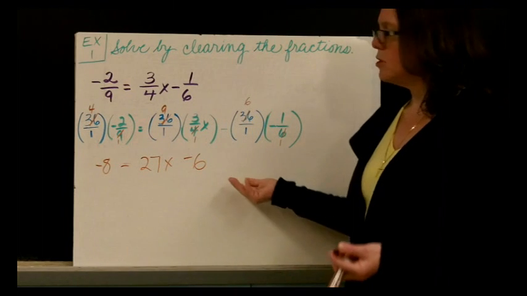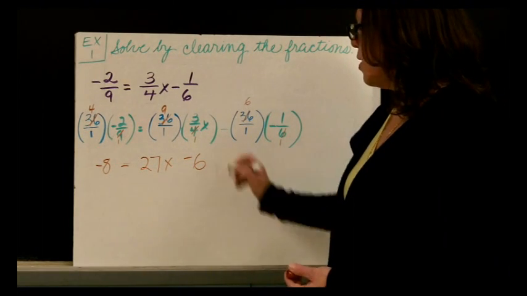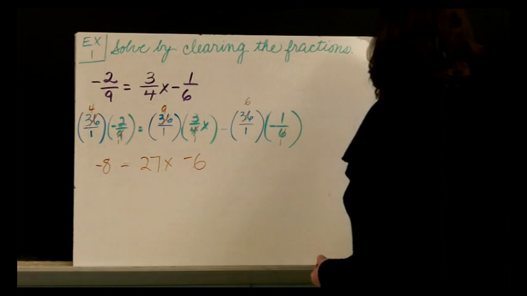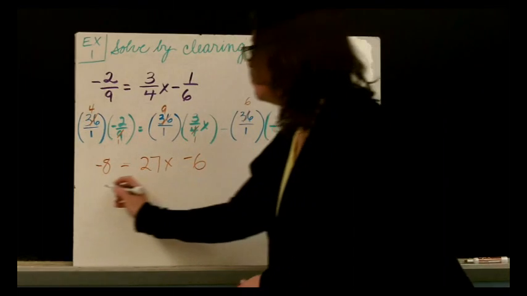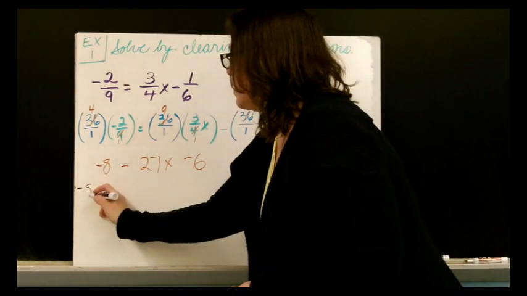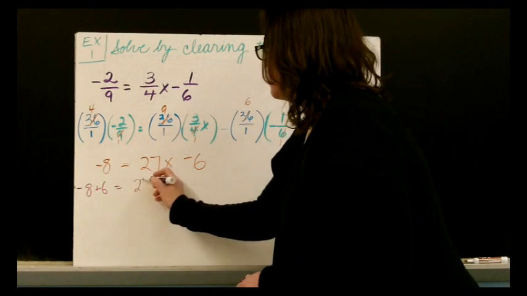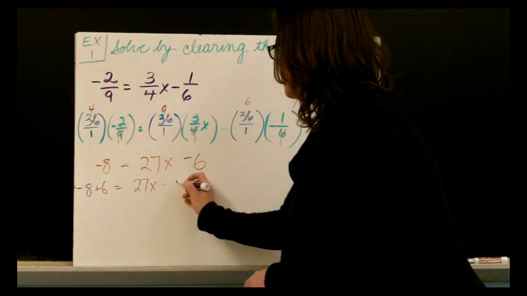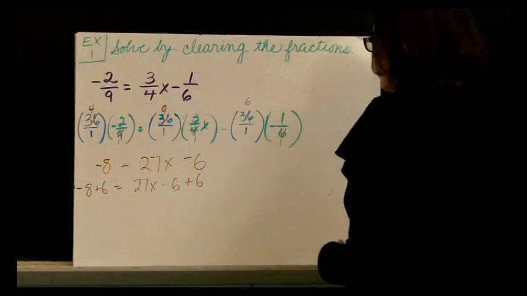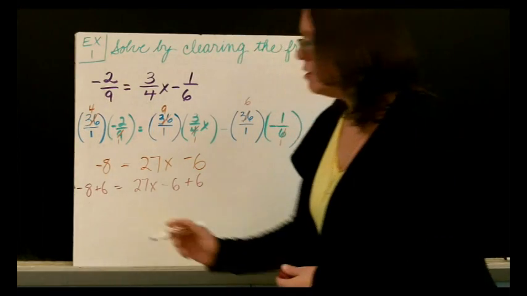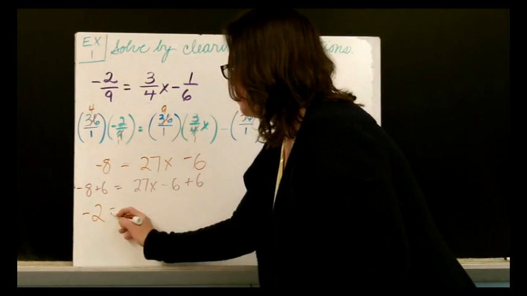And now what we have is just a two-step equation. The first thing that we need to do is put a positive 6 on both sides. Let me switch colors so it's easier to see. So we have a negative 8 and a positive 6, which gives us 27x minus 6 plus 6. A negative 8 and a positive 6 together make negative 2.